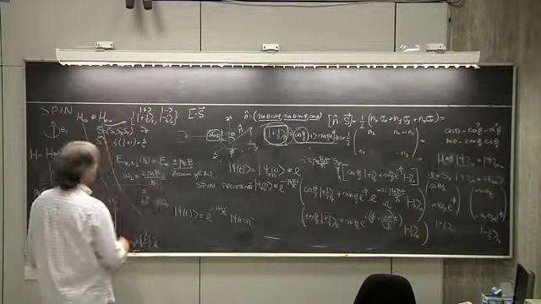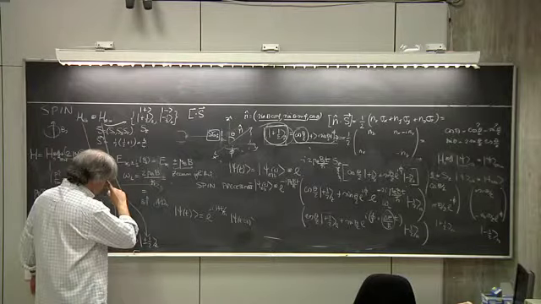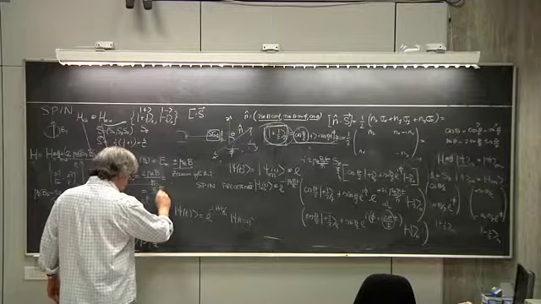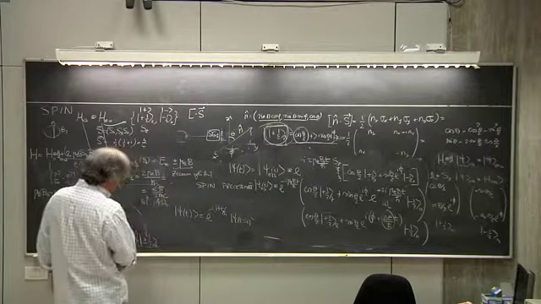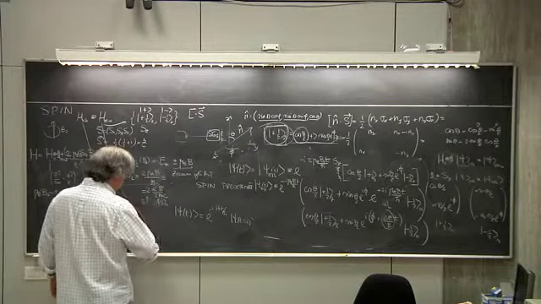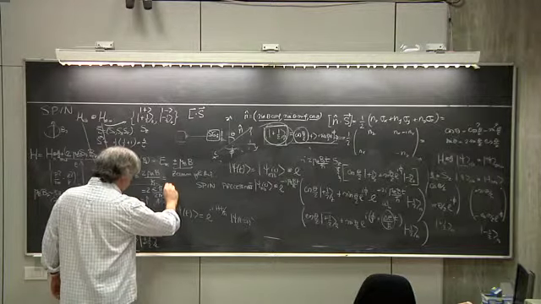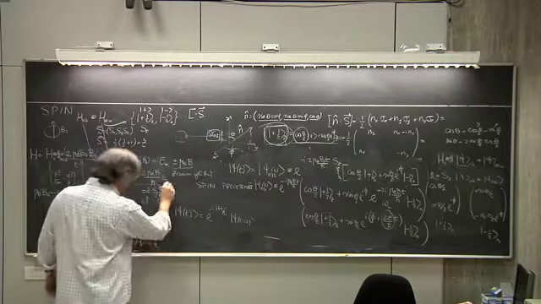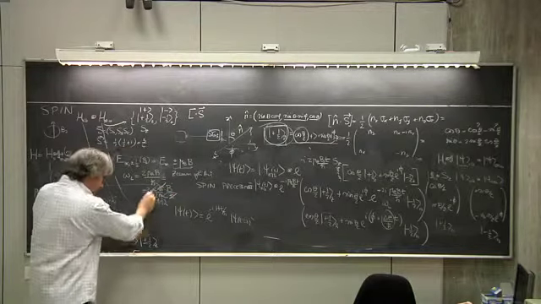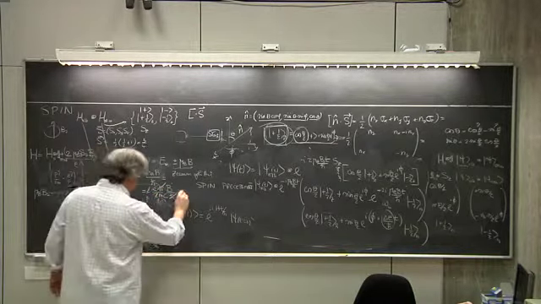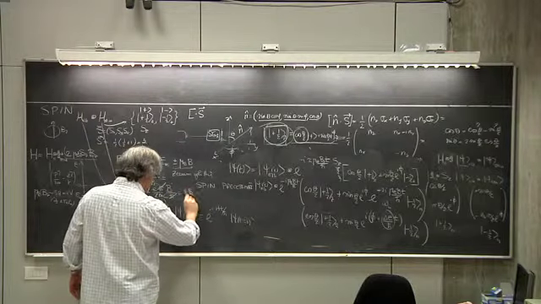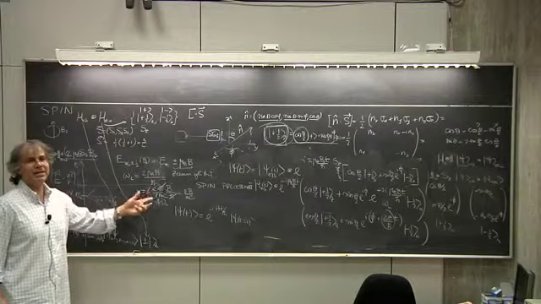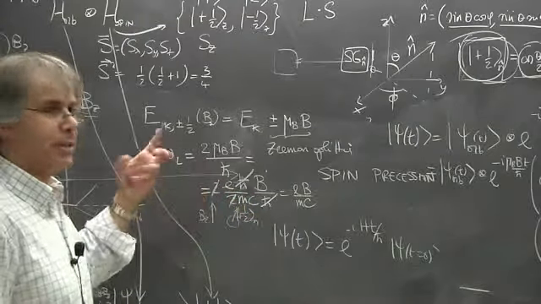If I put the value for mu B, remember, is e h bar over 2 mc, then I put the factor 2, then I put the B, and then I divide by h bar. You see that h bar disappears completely, and also the 2, and I get eB over mc. So this frequency here is indeed very classical in spirit.